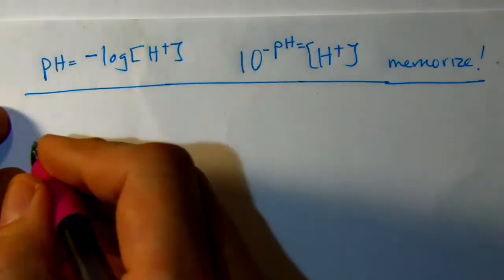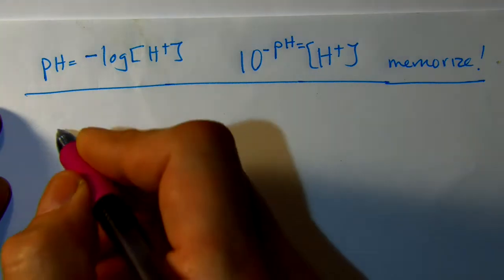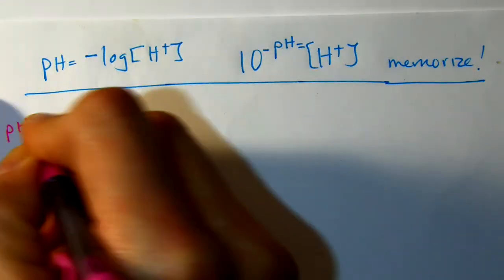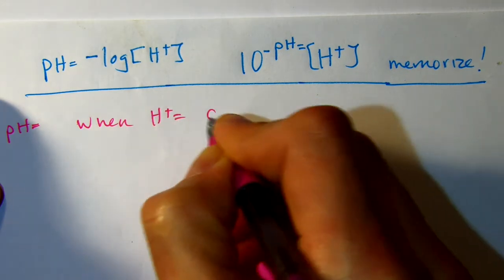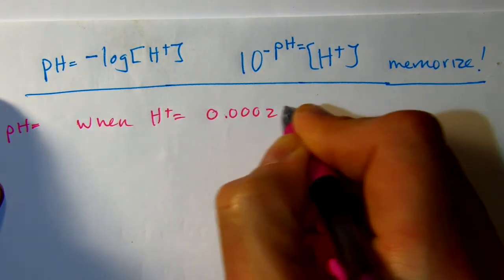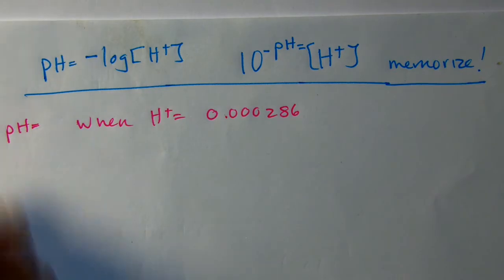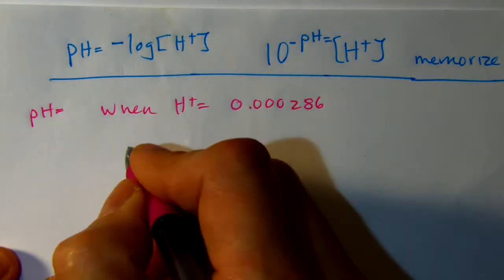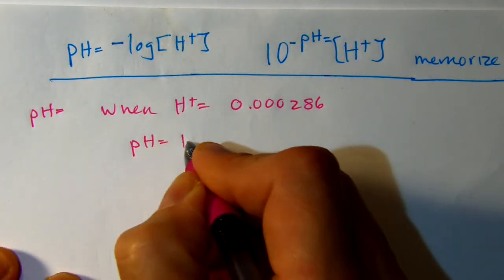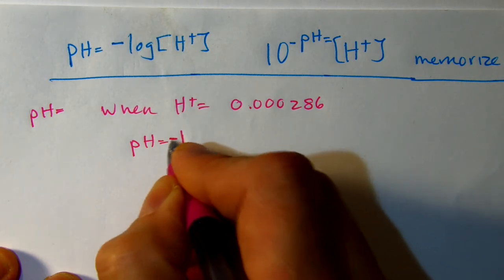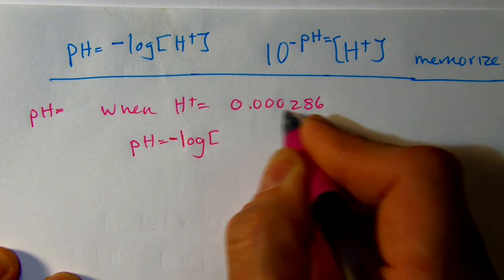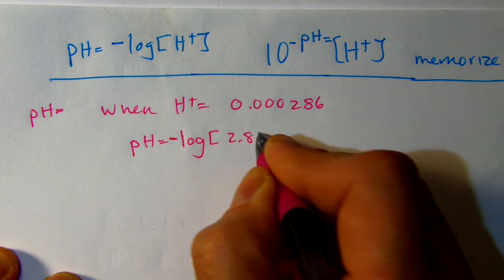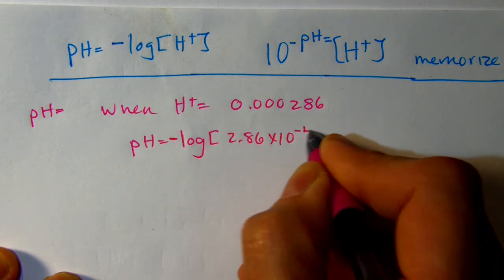So here's this idea. What if I had, find the pH when H plus equals 0.000286. pH equals a negative log. The negative is just a sign changer, basically. You could leave it this way, but I'm going to challenge you a little bit.